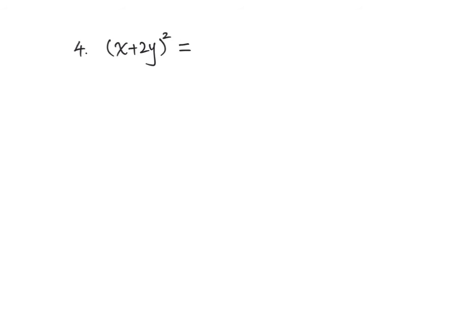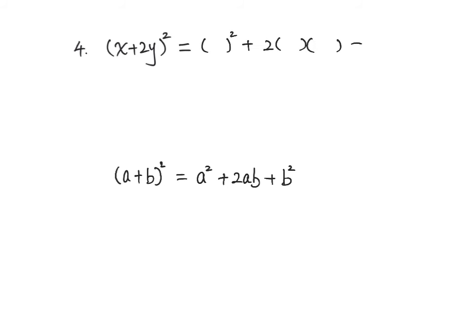The perfect square identity is a plus b bracket squared equals a squared plus 2ab plus b squared. So we need to apply this identity: a squared plus 2 times a times b plus b squared.